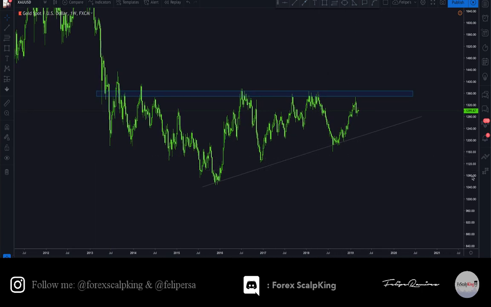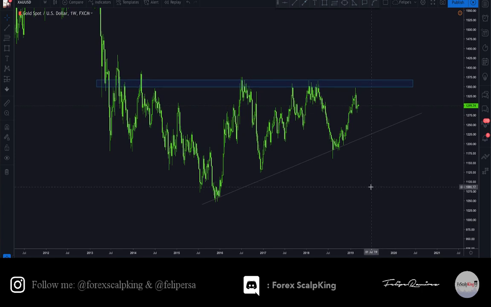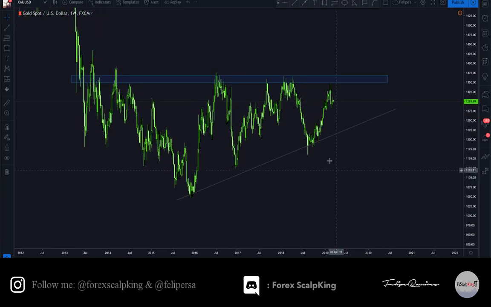But why am I doing this? Because now I need to see what happened at this resistance, and whether the bounce off of this resistance is only a correction or a pullback, or is it a clear rebound, a clear rejection, and there's going to be a change in trend.